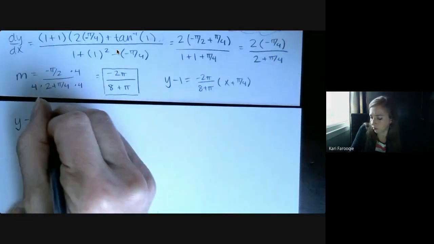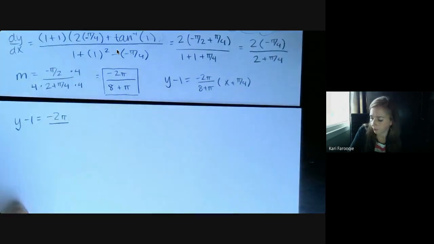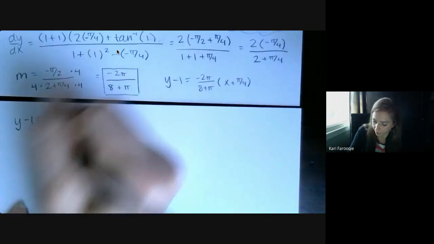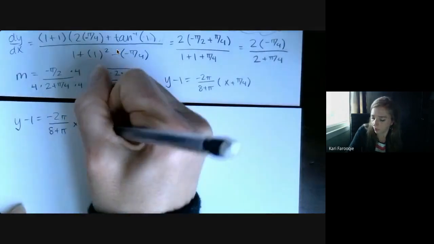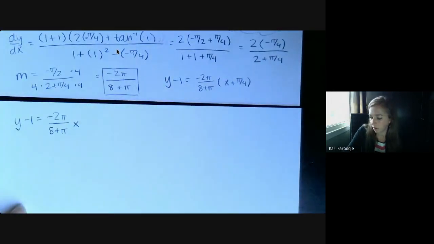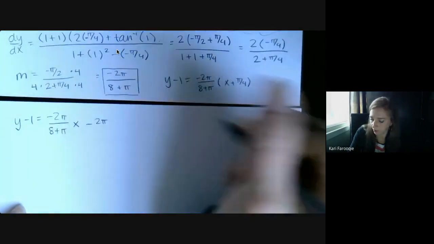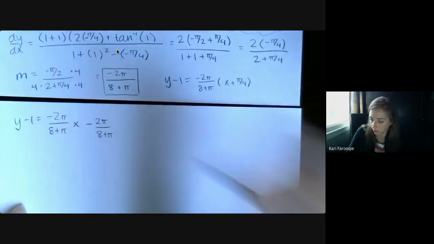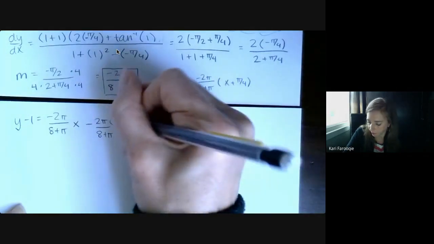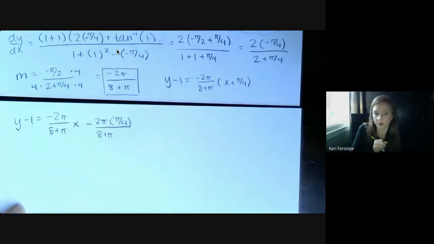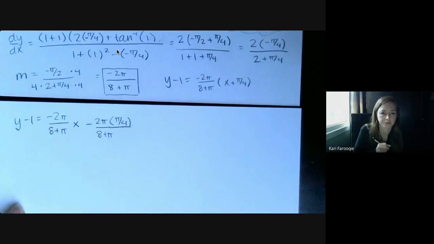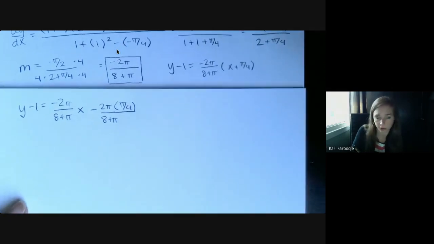I'm going to distribute. When I multiply this by pi over 4, let's see, I'm just going to do this first. And then we'll simplify a little bit more.